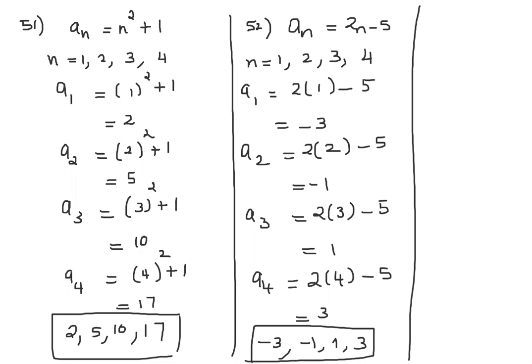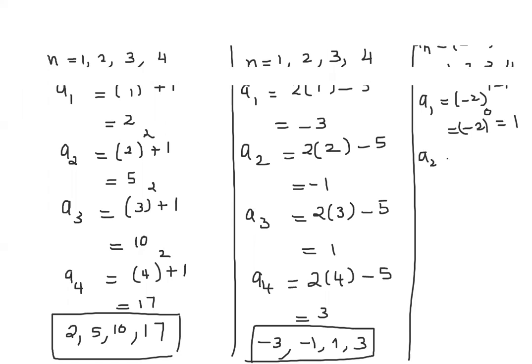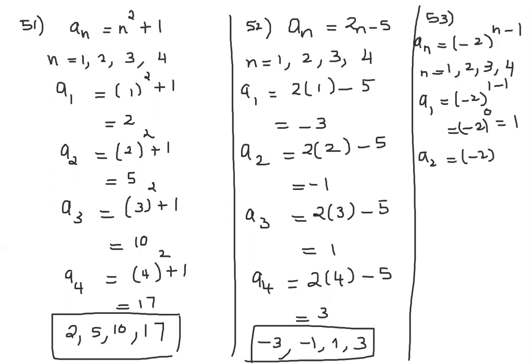And the last one, 53, we are given a_n equals negative 2 to the power n minus 1. Again, plug in 1, 2, 3, 4. So a1 is negative 2 to the power 1 minus 1, which is 0. Anything to the power 0 is 1. a2 is negative 2 to the power 2 minus 1, which is negative 2. Negative 2 to the power 3 minus 1 is negative 2 squared, 4.